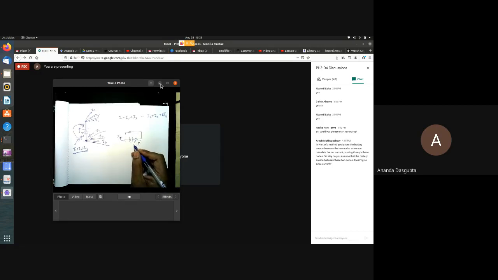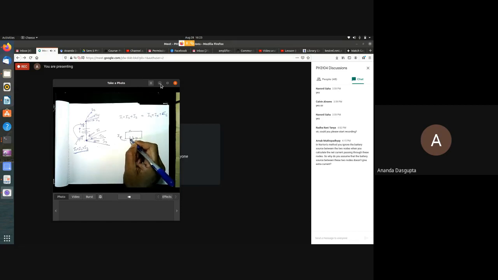The real job of the battery is not to produce extra current. The real job of the battery is to keep the current moving and produce a potential difference between the two ends. For the time being, let's just pretend that current is produced by positive charges. You all know it's not, but let's pretend that there are positive charge carriers in our world and that's what causes the current.